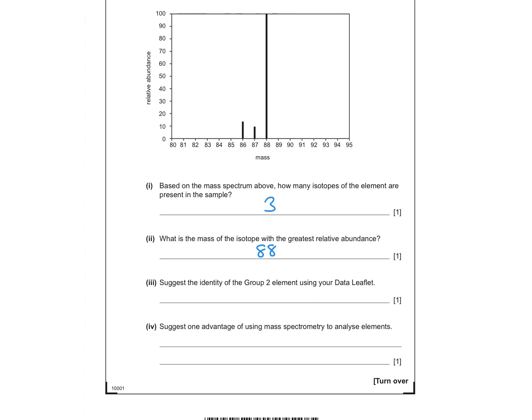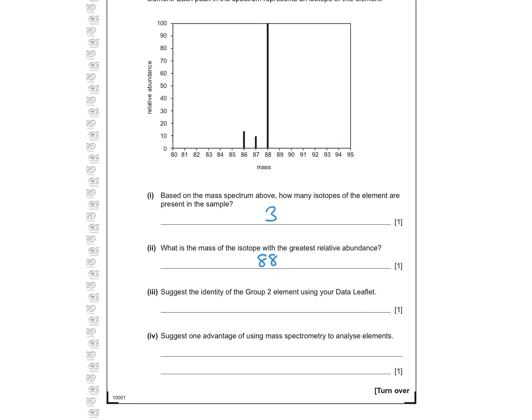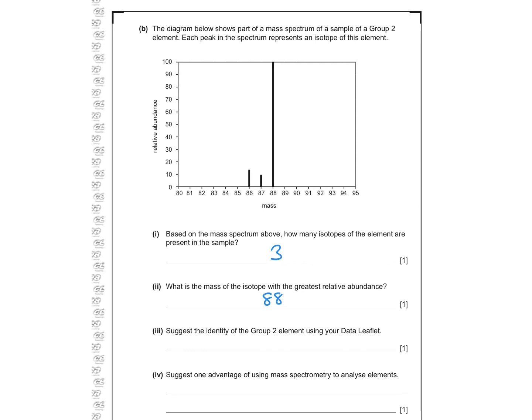The identity of group 2 element using your data leaflet, well, you just go to your data leaflet, and if you look at the question, you're told that it's a group 2 element. You just find a group 2 element that has a mass number of 88, and you see that it is strontium.